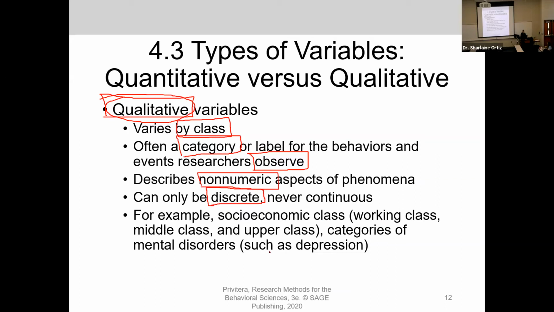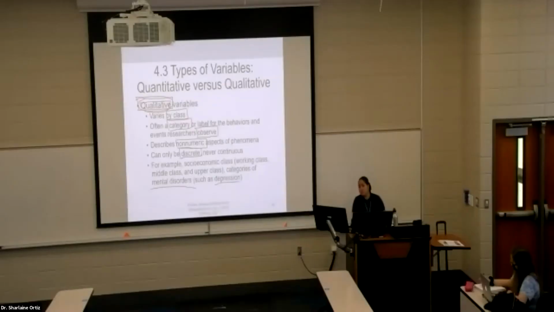An interesting aspect, for example, I should say, mental disorders are considered qualitative. Why is that? You would say, well, that makes no sense because we can measure depression, right? I can measure if you have a little bit of depression, somewhat depressive, or maybe you're super depressive, right? Clinically significant, right?